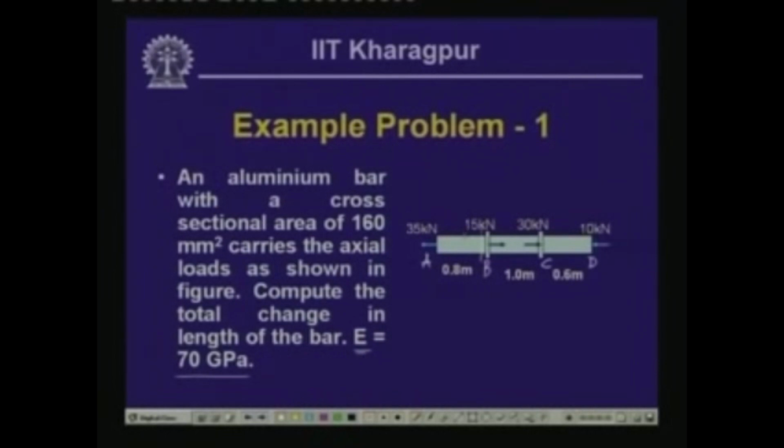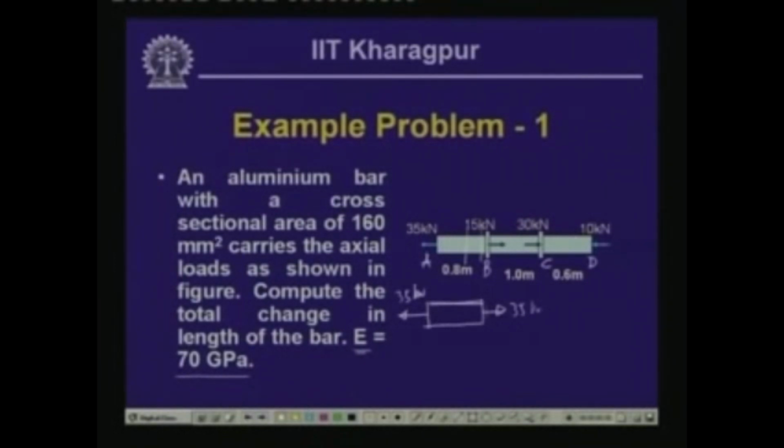So, if I take a cut here and make a free body of the part AB, just prior to the application of this 15 kilonewton load, then this is 35 kilonewton. So, to keep this bar in equilibrium, you will have to have a resisting or reactive load which is 35 kilonewton. Now, this application of the load elongates the bar.